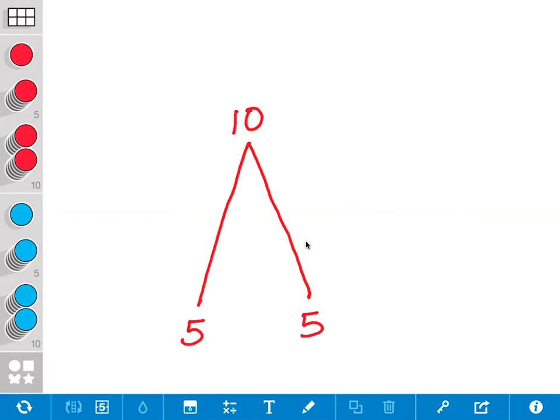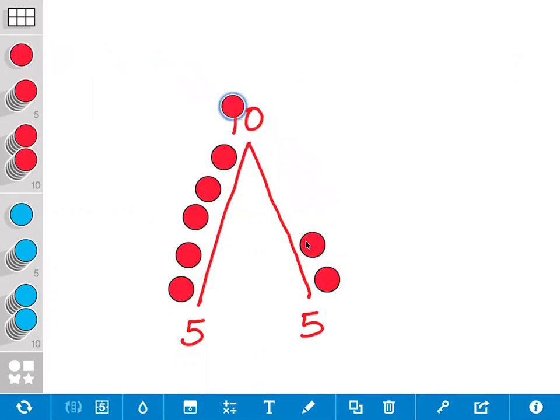Let me get my rollers. 1, 2, 3, 4, 5. And I'm going to roll over because I know 5 plus 5 makes 10. So I have 5, 6, 7, 8, 9, and 10.